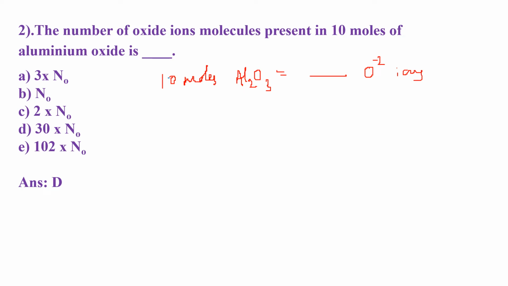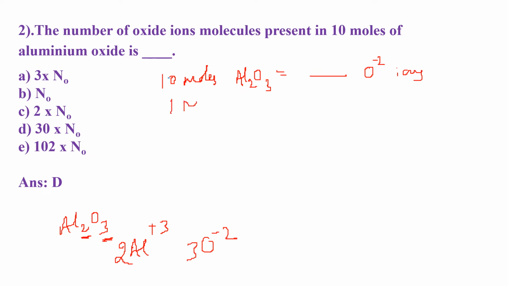Generally, aluminium oxide Al2O3 contains Al plus 3, and oxide is O minus 2. How many aluminiums are there? 2. How many oxygen atoms are there? 3.